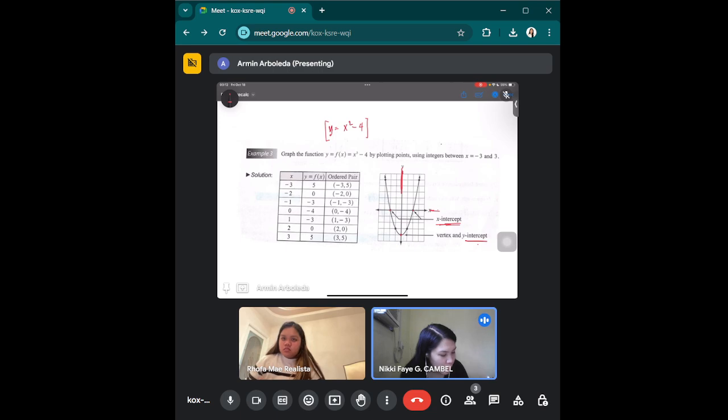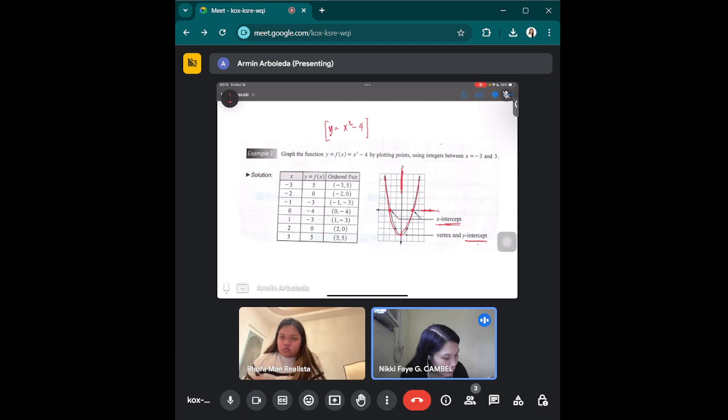So where in the graph is it touching the axis? For example, your x-intercepts are here because your graph is touching the x-axis over here.